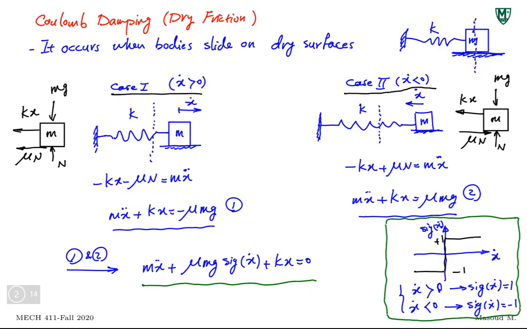Now in this case, this is a nonlinear differential equation. Because of this sine function, it makes the whole differential equation nonlinear. So we cannot find an analytical solution for this. It's not as straightforward as before.